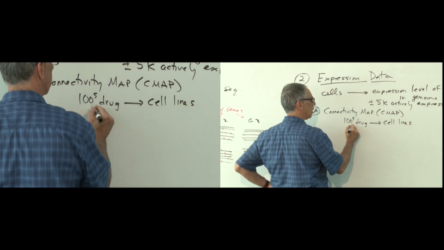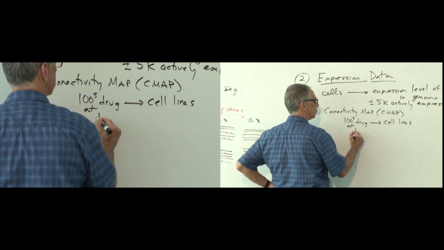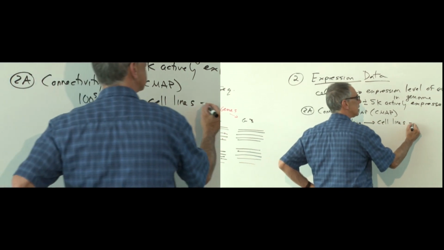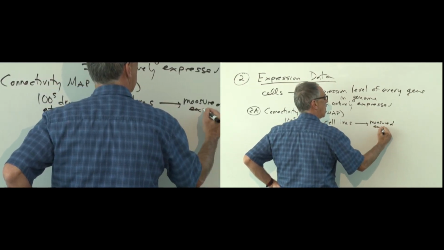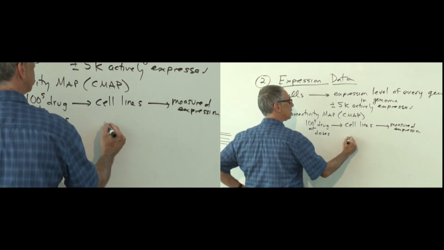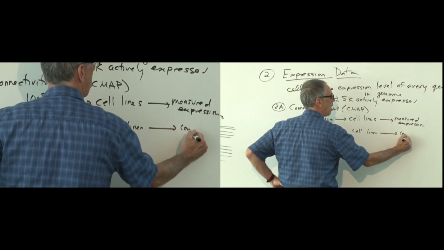So it's hundreds of drugs at different doses. They exposed them to cell lines, and then they measured expression. And of course, they also measured cell lines without any drugs as the controls.